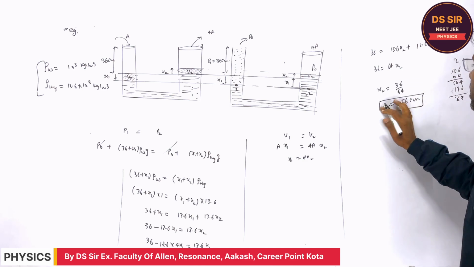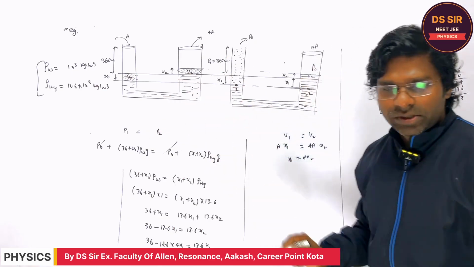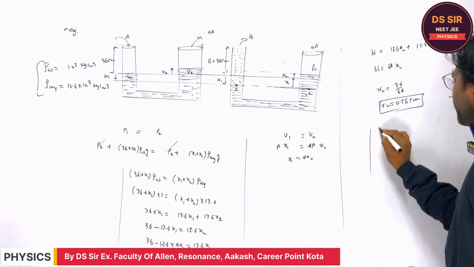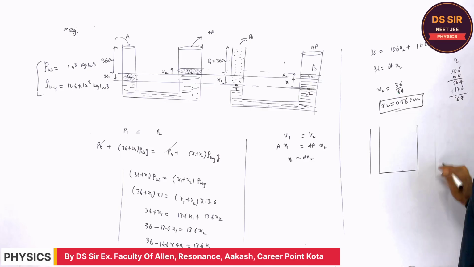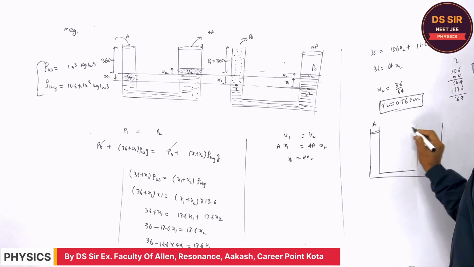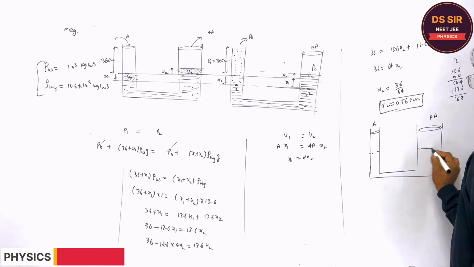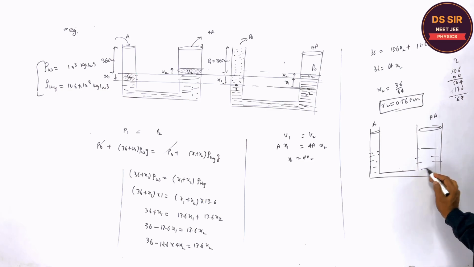Now your doubt is how this volume V1 and V2 are the same, right? Listen, one thing. Suppose this is the big volume with area 4A, and this has area A. Initially the water level is the same.